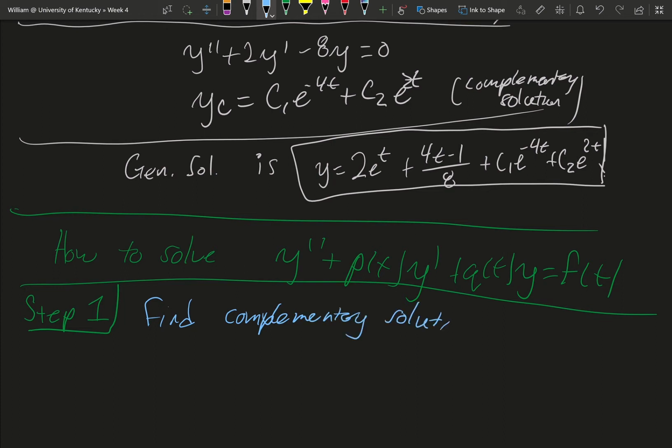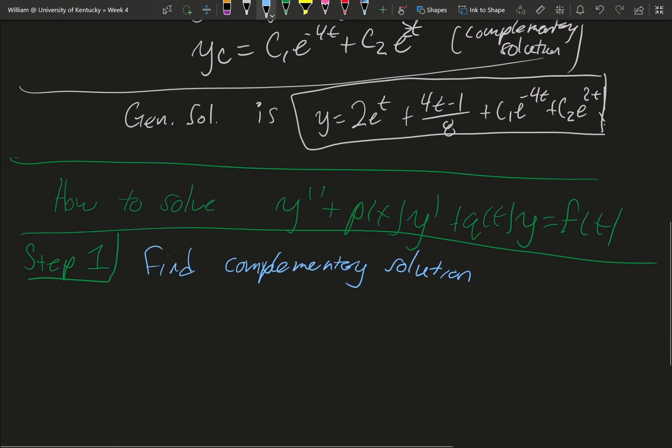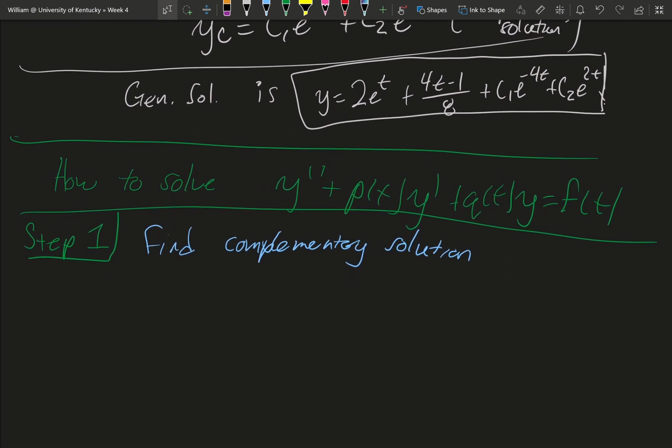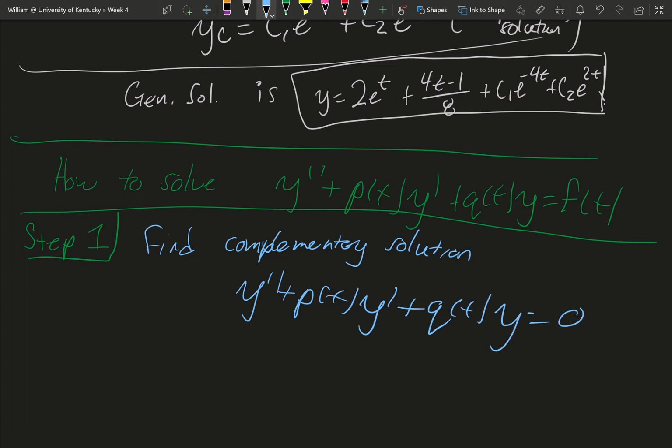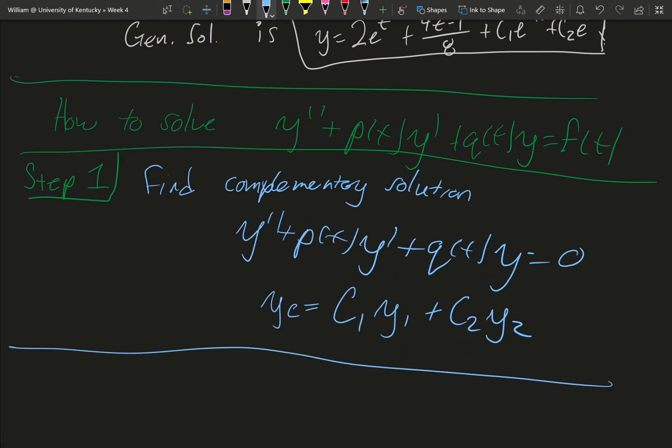So step one is we're going to find the complementary solution. That just means we solve stuff like this. Most of the time we're just going to be dealing with constant coefficients. So let's call that y_c, which we know has to look something like that.